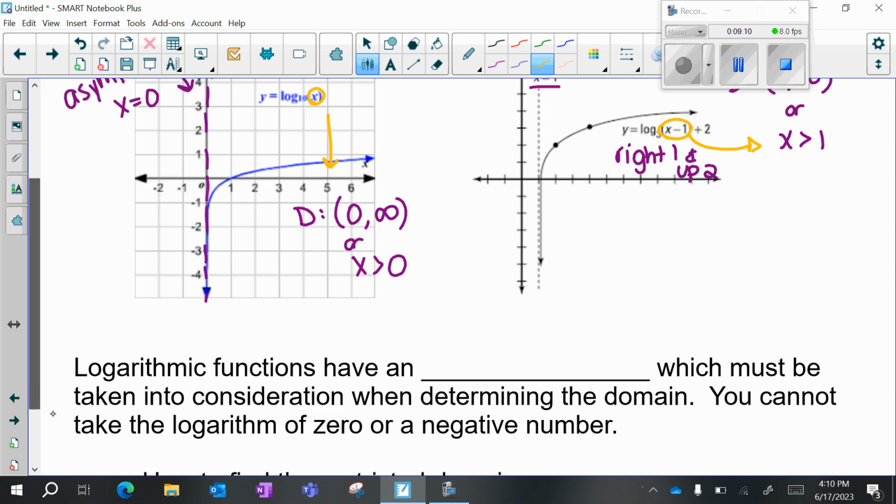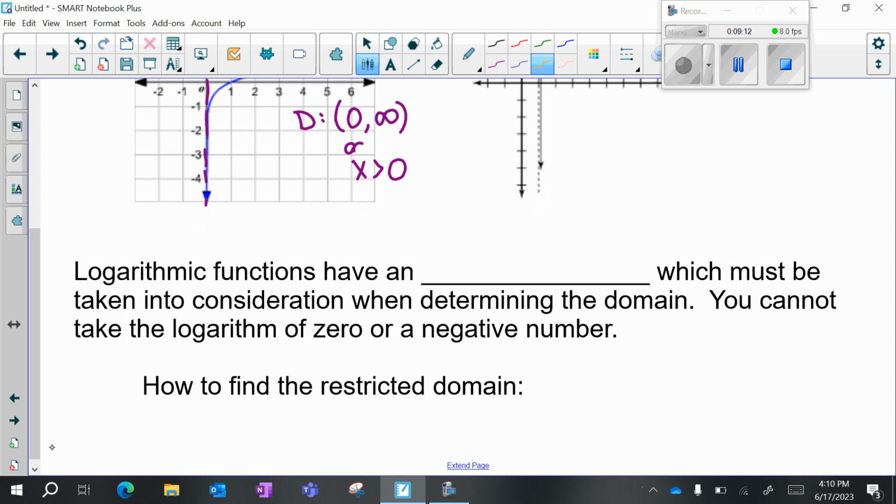And that is because logarithmic functions have an asymptote, which must be taken into consideration when determining our domain. You cannot take the logarithm of a 0 or of a negative number. So to find the restricted domain, you're going to take whatever is inside the parentheses and set it greater than 0.